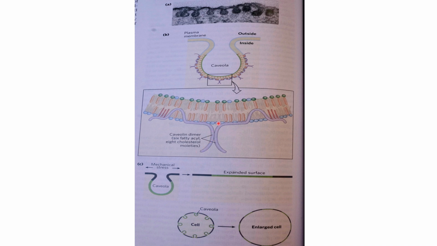So when you expand this part, this is what you're getting. This is a close-up of the structure, and here's the caveola right here, and it can enfold, and then you can enlarge the cell by expanding the surface. So it has the ability to make the cell larger and smaller because of this invagination that occurs.